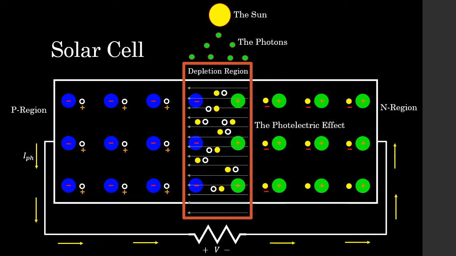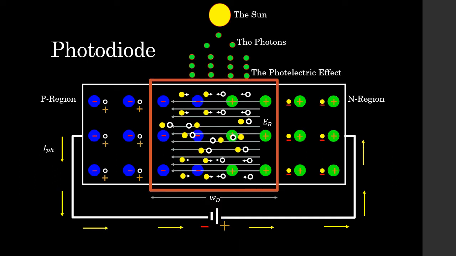It generates this current because photons coming from the sun hit the depletion region of the diode and impart energy. This energy causes the generation of electron-hole pairs, and these electron-hole pairs then start flowing, and that is how we have this current IPH.